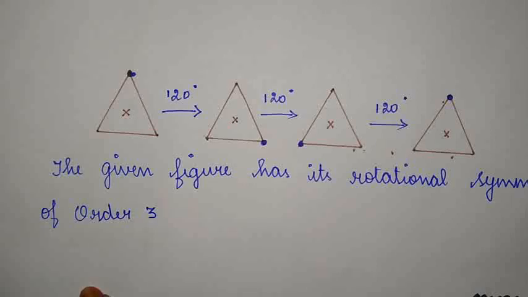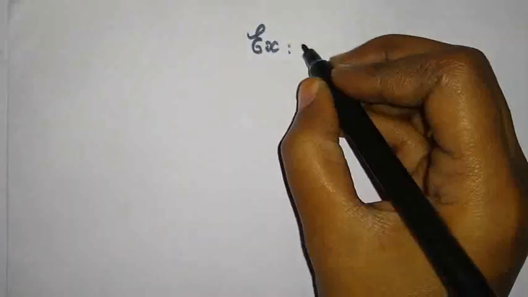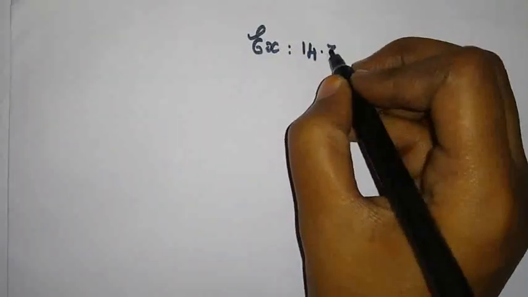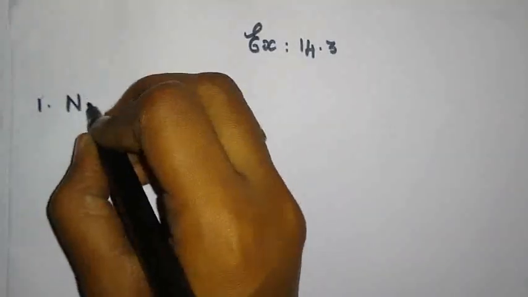Next we are going to see exercise number 14.3. Take a new page. Write exercise number 14.3. Take down the first sum.